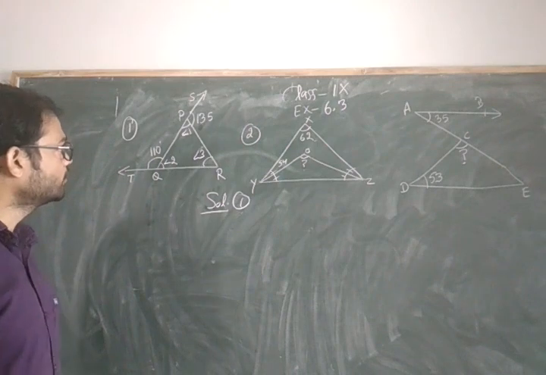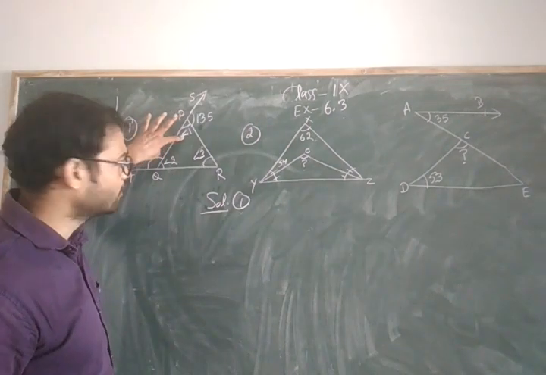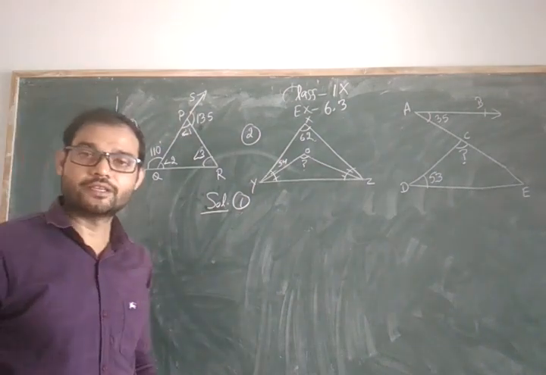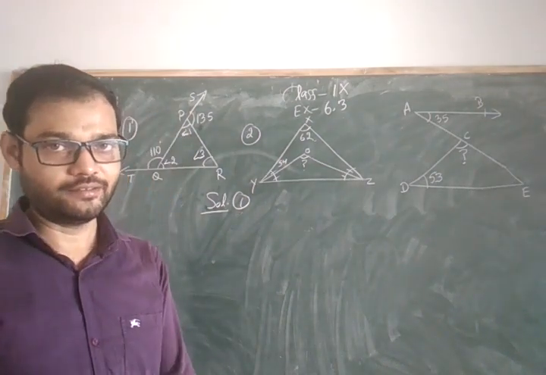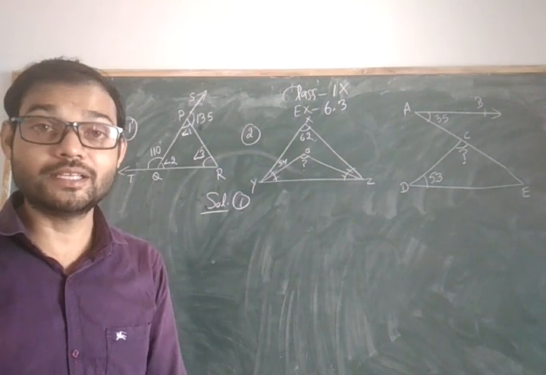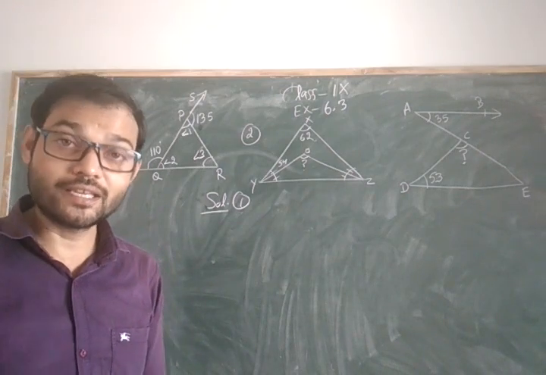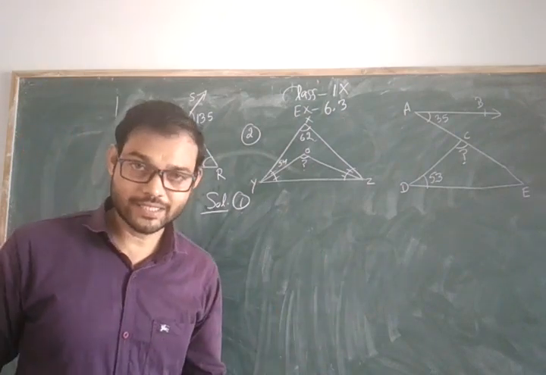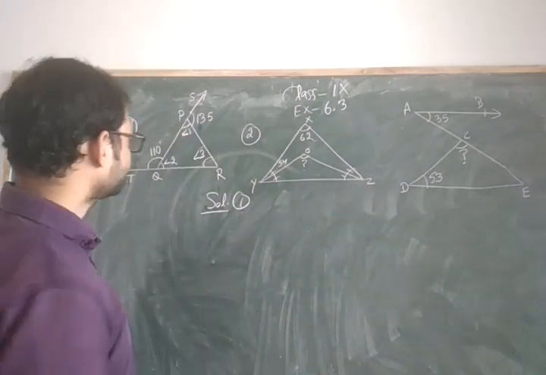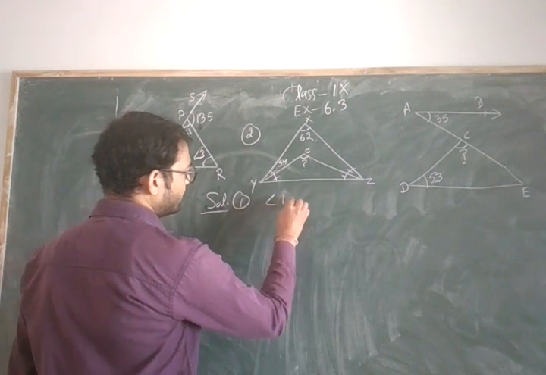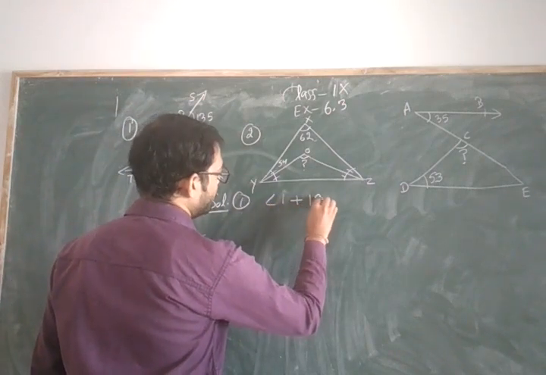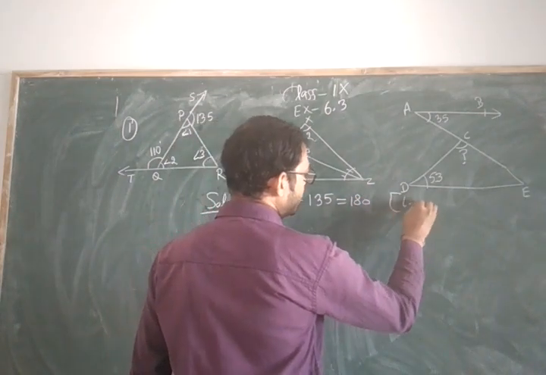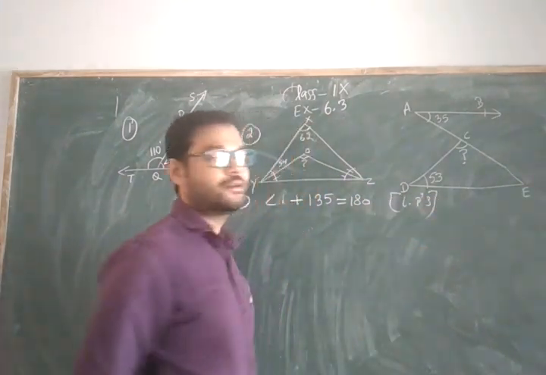So first of all, you can see that if I am using angle 1 and 135, they are a linear pair. ये दोनों ही मिलके आपके क्या बना रहे हैं, लीनियर पेयर बना रहे हैं. It means I can apply here the linear pair, जो कि हमने अपनी लास्ट एक्सरसाइज में भी पढ़ा हुआ है. ठीक है, so we can write here angle 1 plus 135 is equal to 180, and the reason is linear pair.